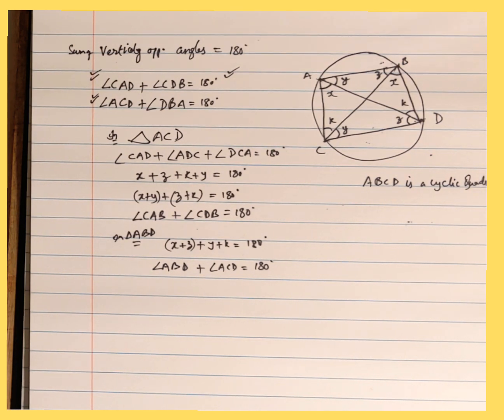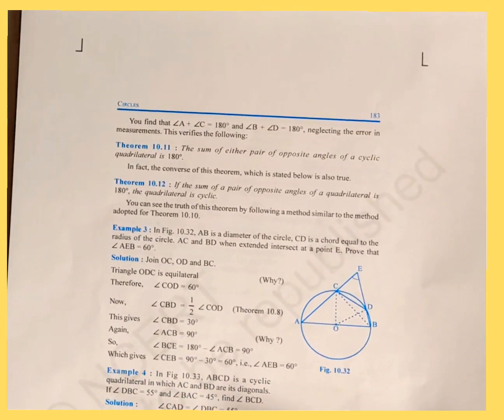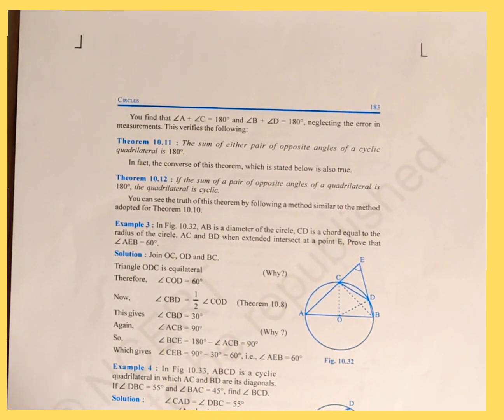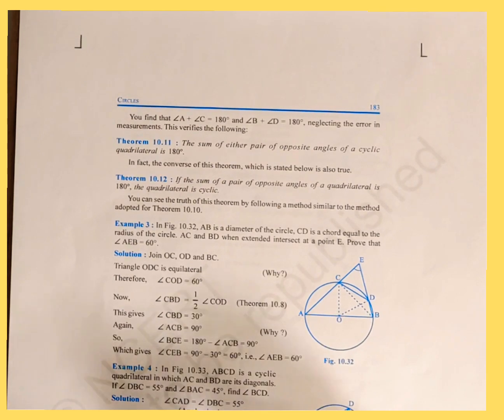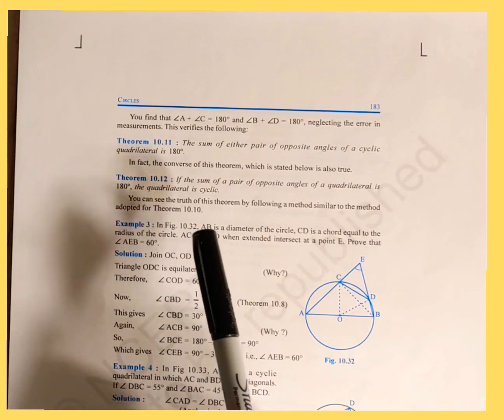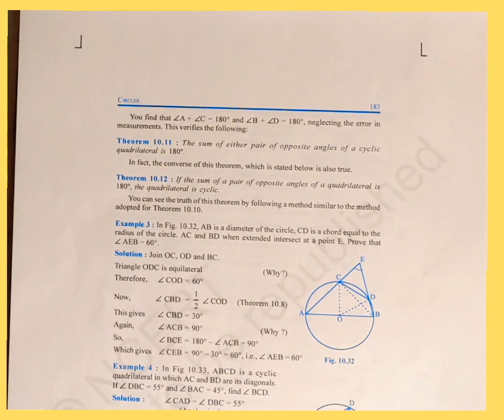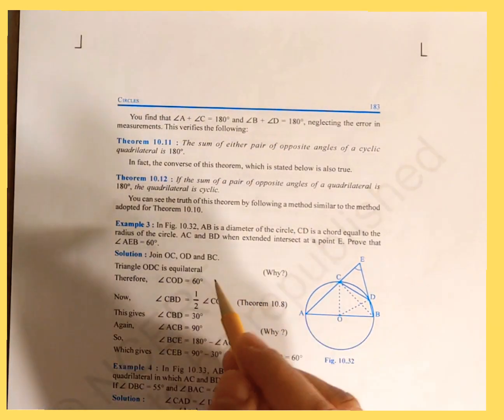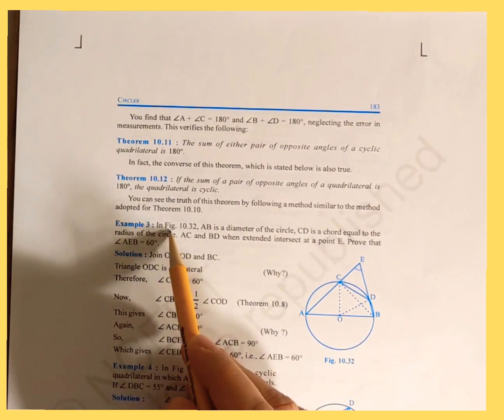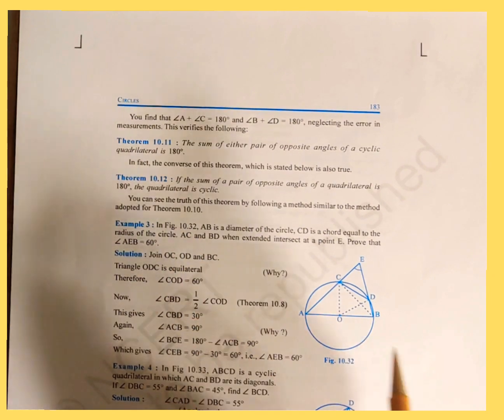Okay. So they have a few questions here in the NCERT textbook. We can try to solve these questions here. We have example 3 here that we can look at. It says figure 10.32, which is this figure.